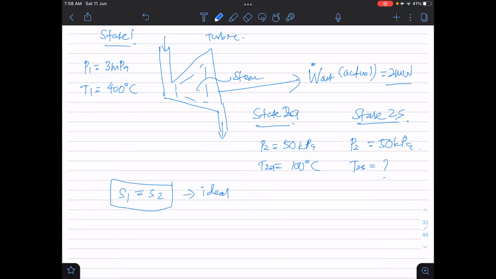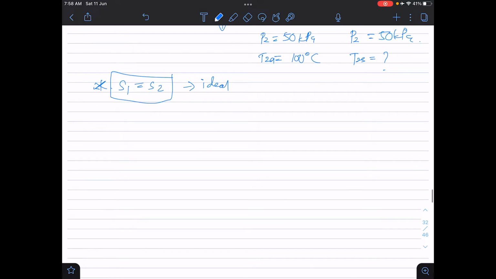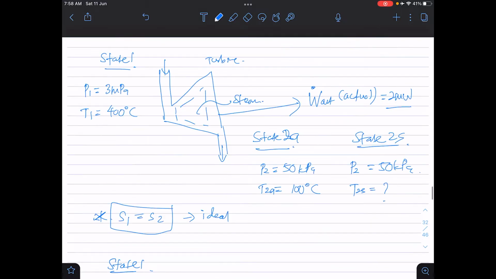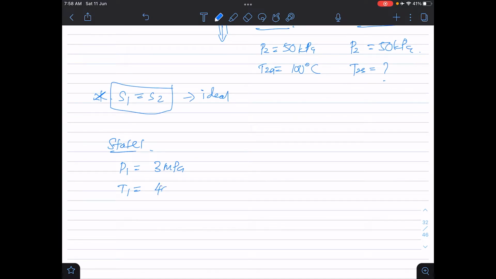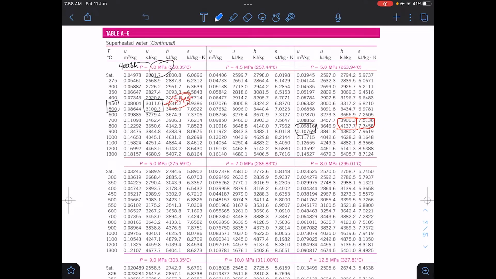We will apply this condition, S1 is equal to S2. Here at state 1, given P1 equal to 3 megapascal and T1 equal to 400 degrees Celsius. Given the pressure and temperature, you should look at table A5.